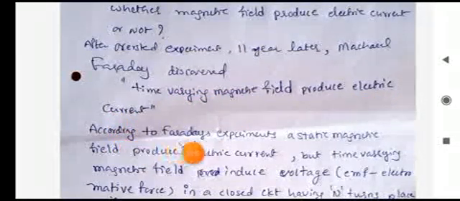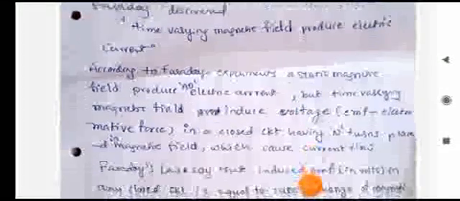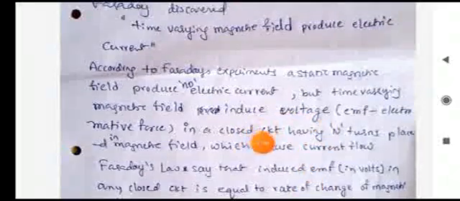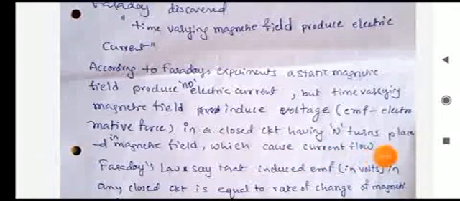According to Faraday's experiment, a static magnetic field produces no electric current, but only a time varying magnetic field induces voltage, EMF, in the circuit.